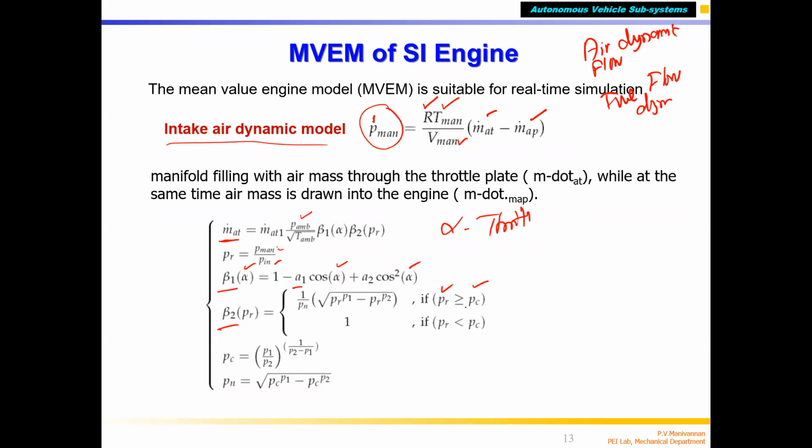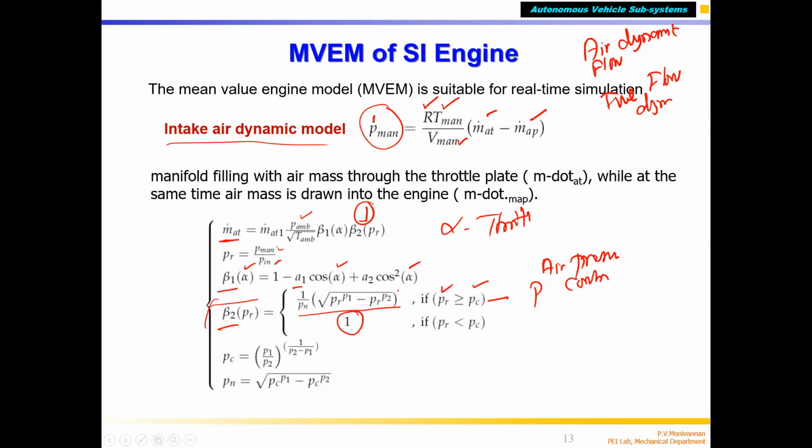If PR is greater than or equal to PC, you can use this equation to calculate B2. Similarly, if PR is smaller than PC, then you can consider B2 equal to constant 1. This part will become 1.